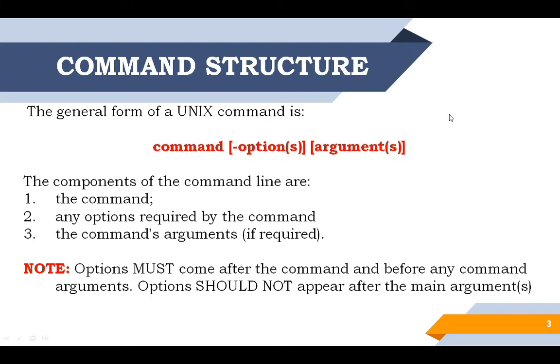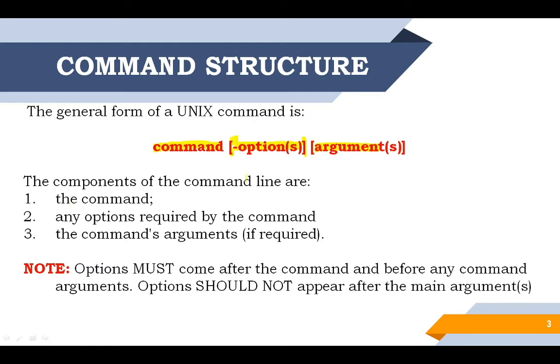The general format of the Unix command is: first we write the command. If that command contains any options, those options are written here, and if it contains any arguments, those are written here. These options and arguments are written in square brackets, meaning they are optional.